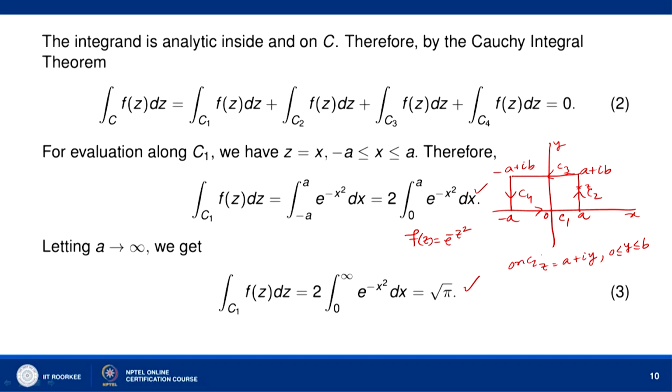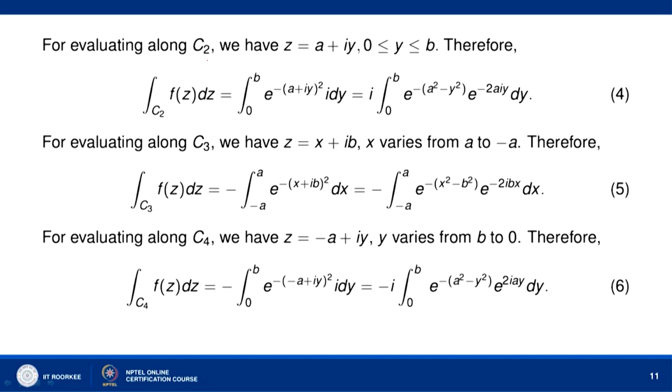Then integral over C2 f(z) dz is equal to integral over 0 to b, f(z) is e to power minus z square, so e to power minus (a plus iy) whole square, dz is i dy. So, i dy we put, and then (a plus iy) whole square is a square minus y square plus 2iay. So, we get e to the power minus a square minus y square into e to the power minus 2iay and then dy. This i we have kept outside.